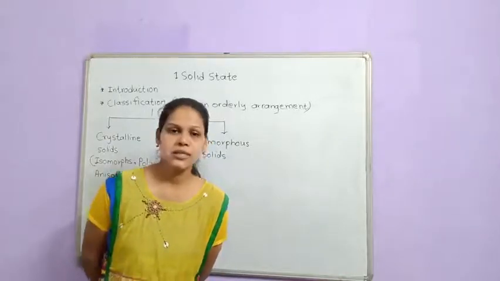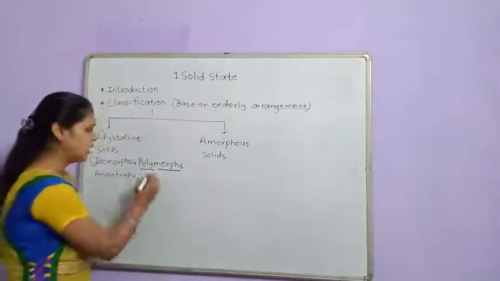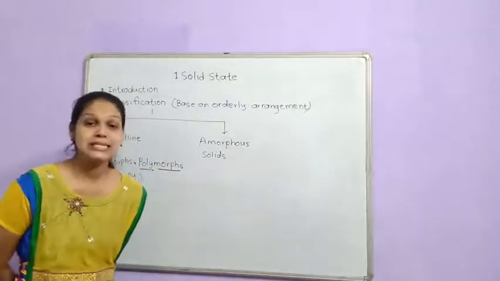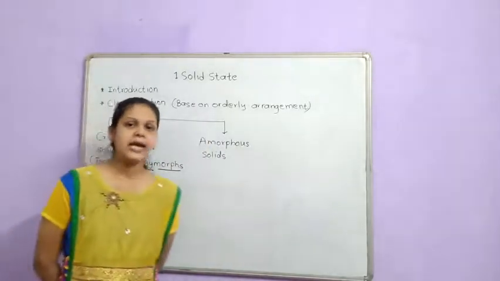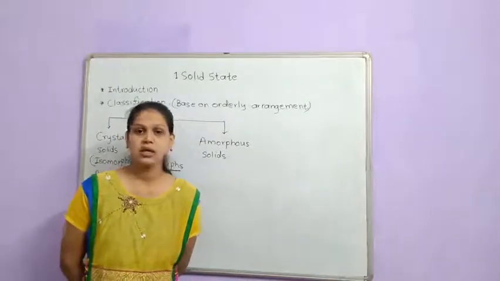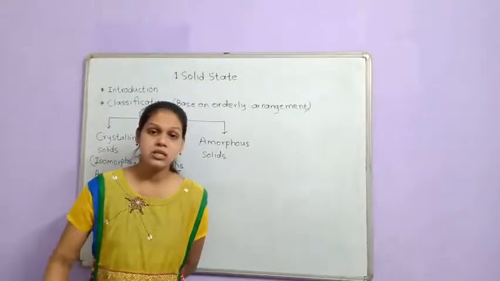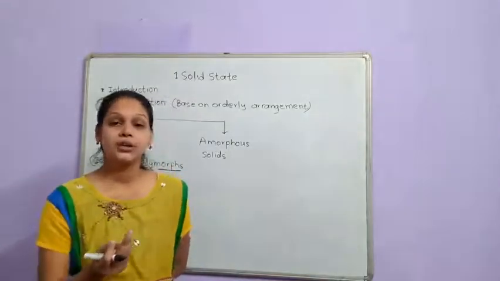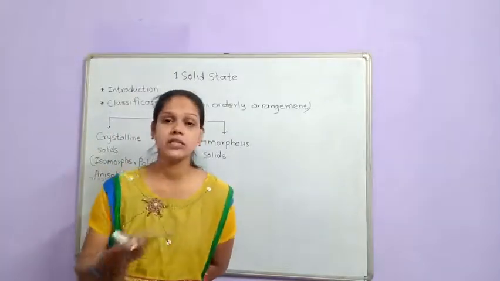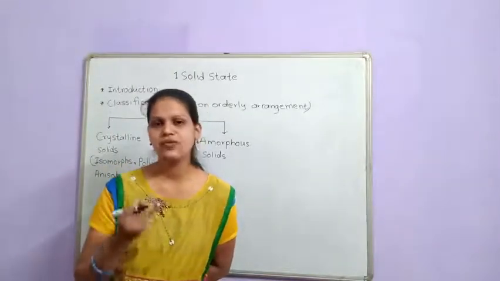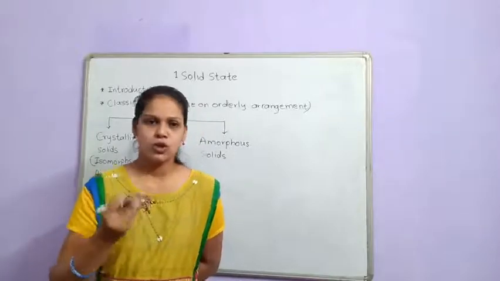The best example of a polymorphic substance that you have studied is carbon. Carbon has 4 crystalline forms: first one is diamond, second is fullerene, third is graphite, and last is carbon nanotubes. These are 4 allotropes of carbon.